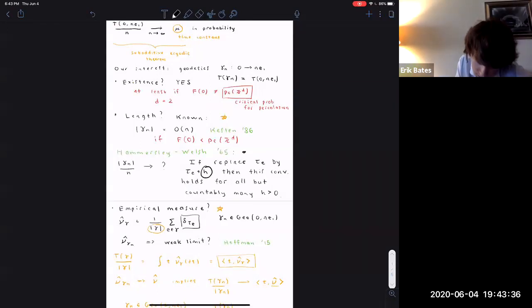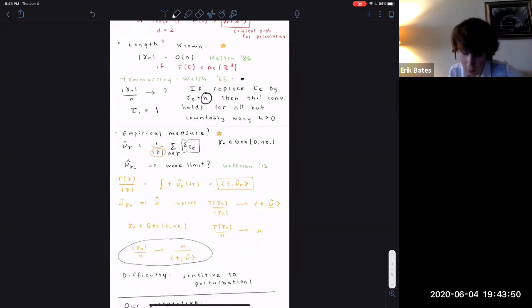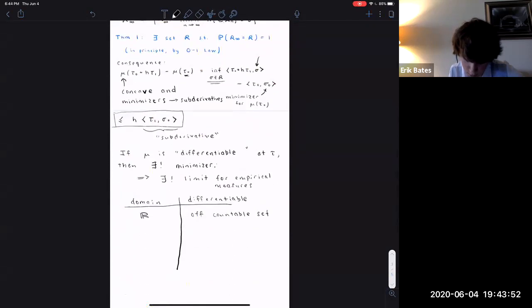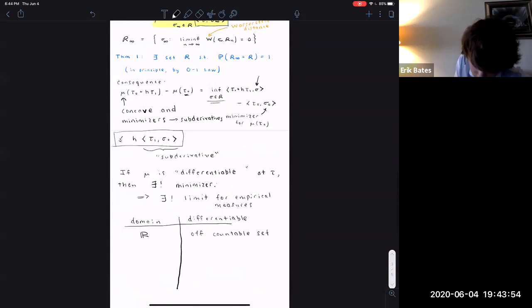So when I perturbed by h, that was really using the perturbation function tau1 that's just the constant function 1. And here I was perturbing it by the factor h. So when I perturb by h, then I can get down here, this subderivative has to be unique. And when I'm integrating against 1, recall that 1 integrated against sigma gamma is just the length of gamma.